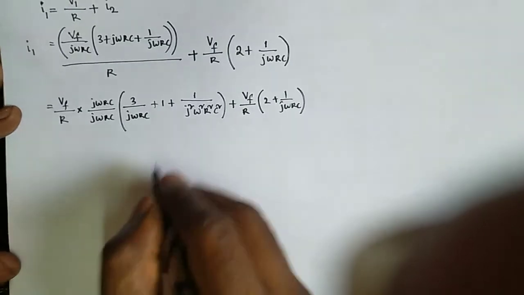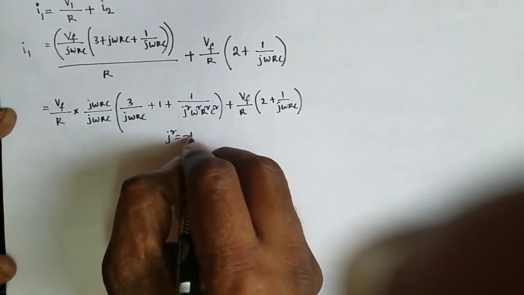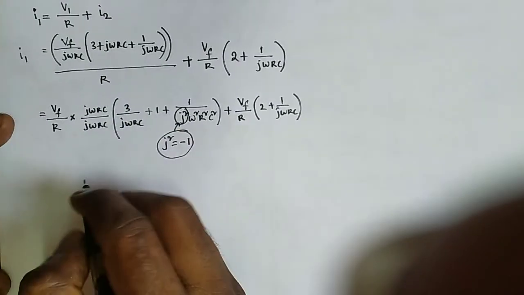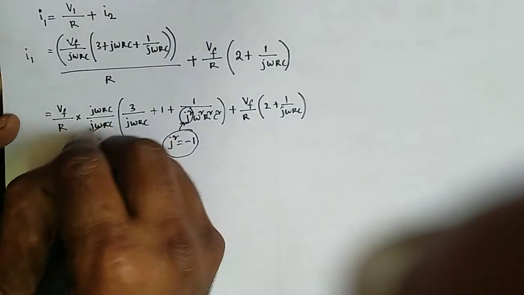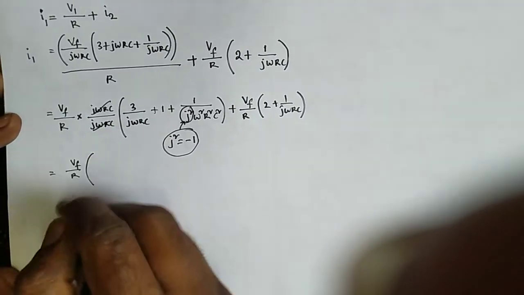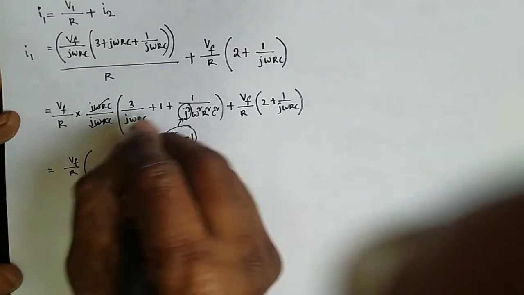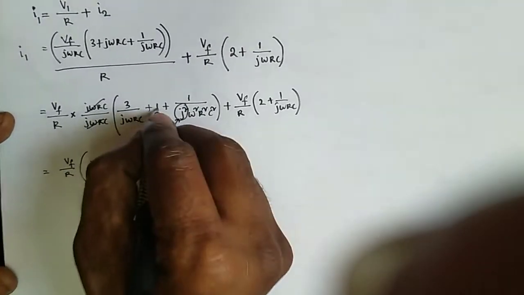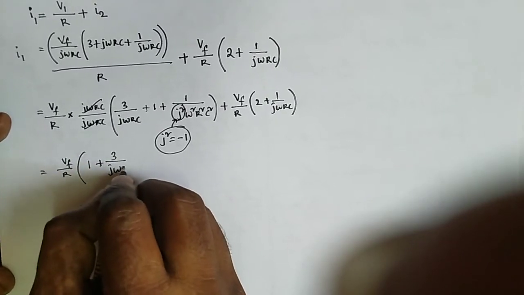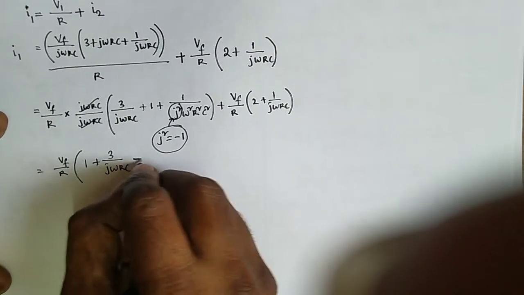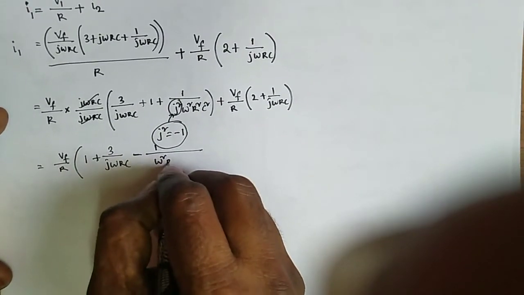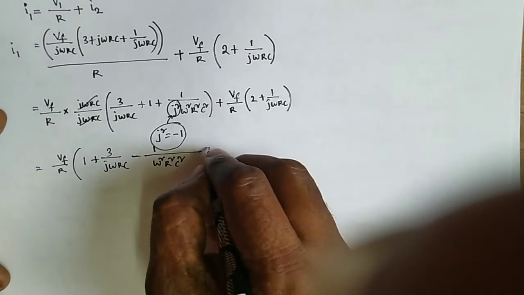Now you know j square is equal to minus 1, so substitute that here. In the final expression both terms cancel, and Vf by R into 1 plus 3 by j omega RC minus 1 by omega square R square C square, because j square is minus 1.